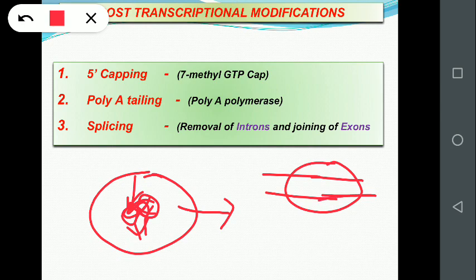As the RNA polymerase moves forward, the mRNA will come out. Here we have 5 prime and here will be the 3 prime. As it comes out, the ribosomes bind this RNA and start the translation process. That is why transcription as well as translation, both processes in prokaryotes, are coupled. That means they take place at the same time. Simultaneous transcription and translation takes place.